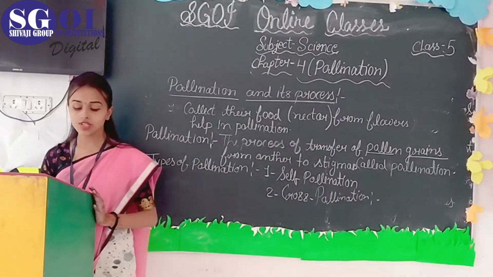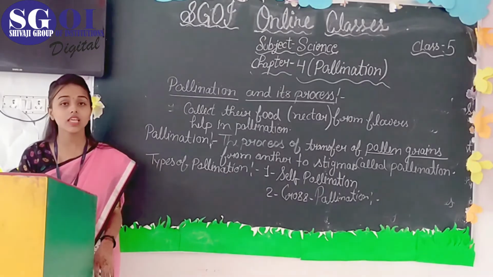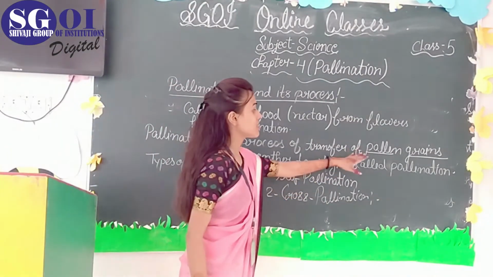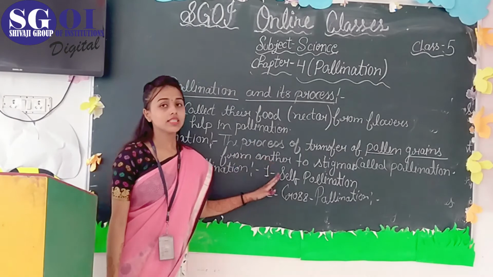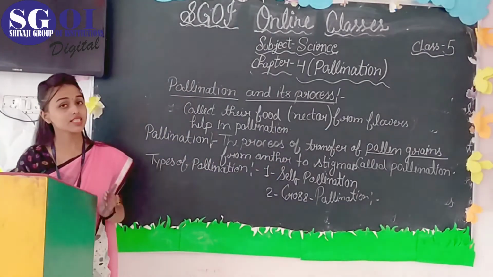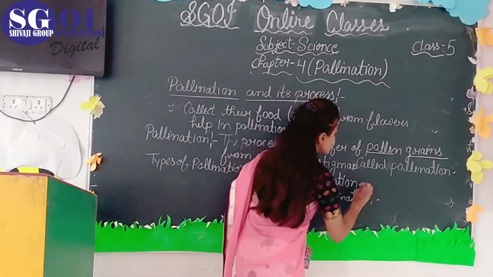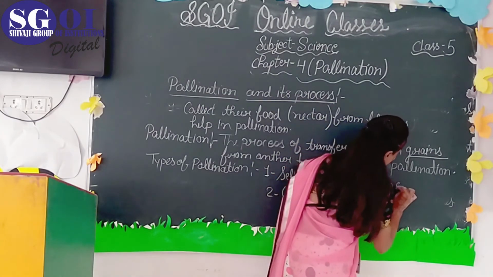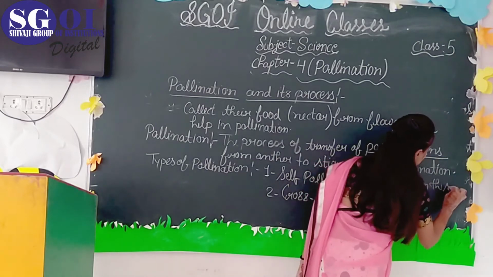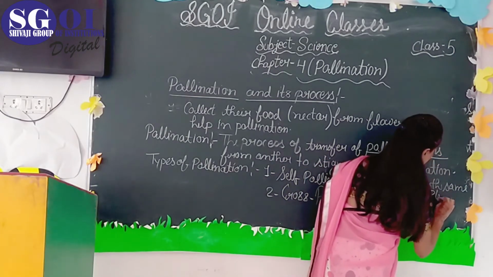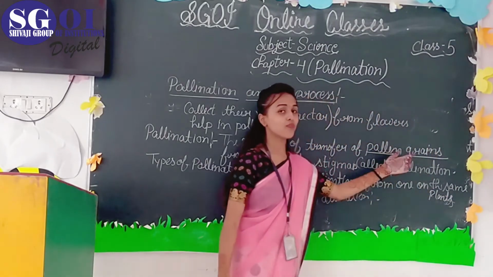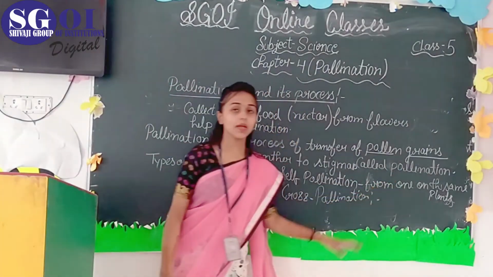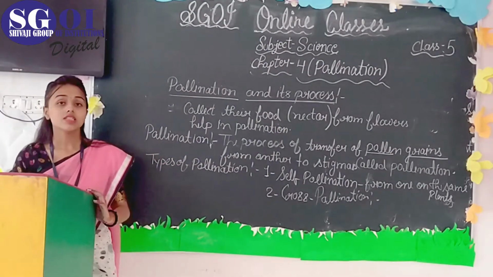Self-pollination is the transfer of pollen grains from the anther of a flower to the stigma of the same flower or another flower on the same plant.